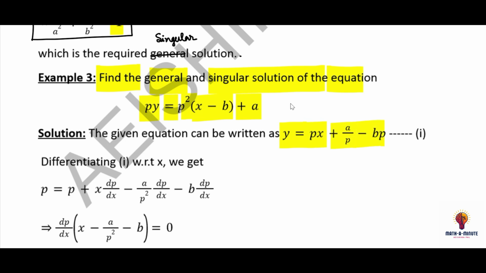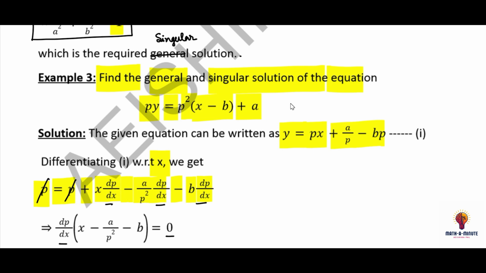If we differentiate this equation 1 with respect to x, it will be p equals p plus x dp/dx minus a/p² dp/dx minus b dp/dx. From both sides we can cancel this p, and if we take dp/dx common, it will be dp/dx times (x minus a/p² minus b) equals 0.